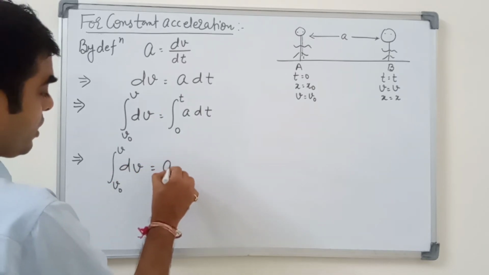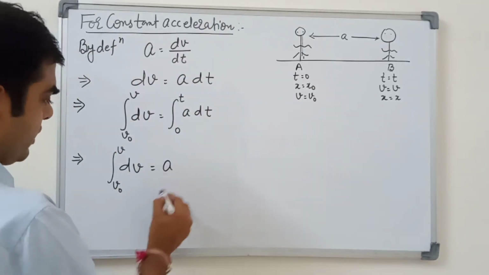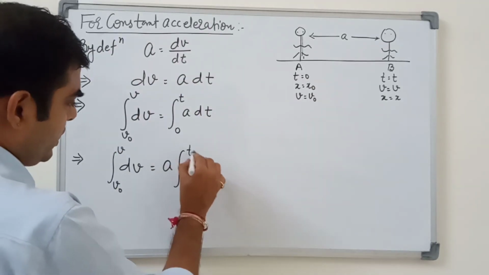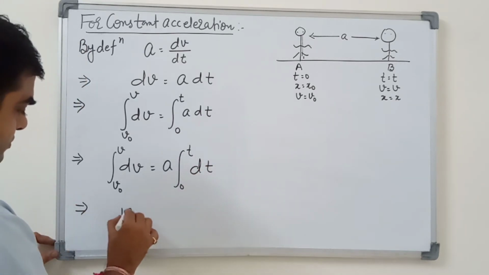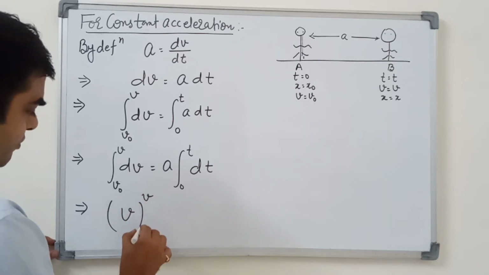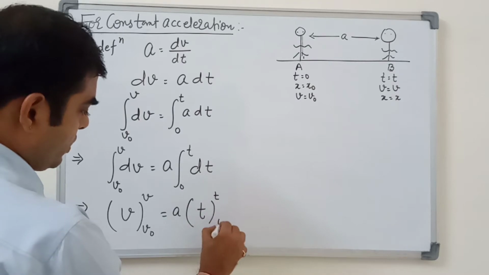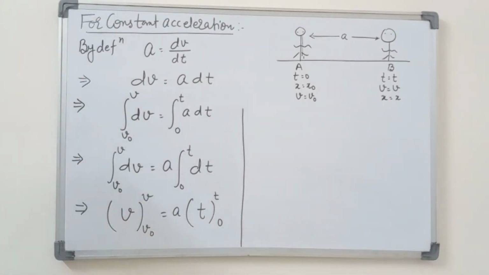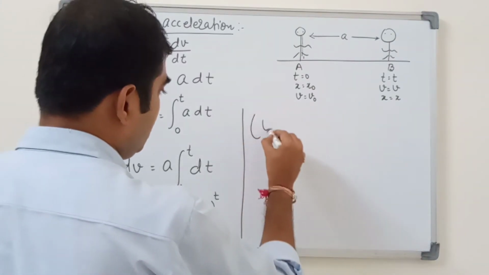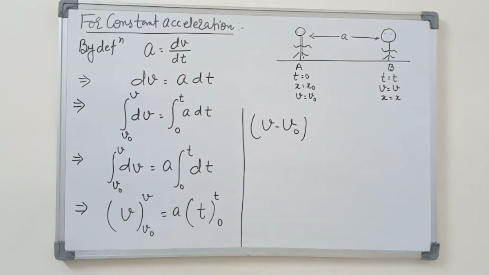Now a is constant because the acceleration is constant, so taking it common, the remaining integral is 0 to t of dt, and both sides are integrated. So we get v and v naught on the left, and a times t on the right. Now putting in the limits, v is replaced by v minus v naught, because we apply upper limit minus lower limit.